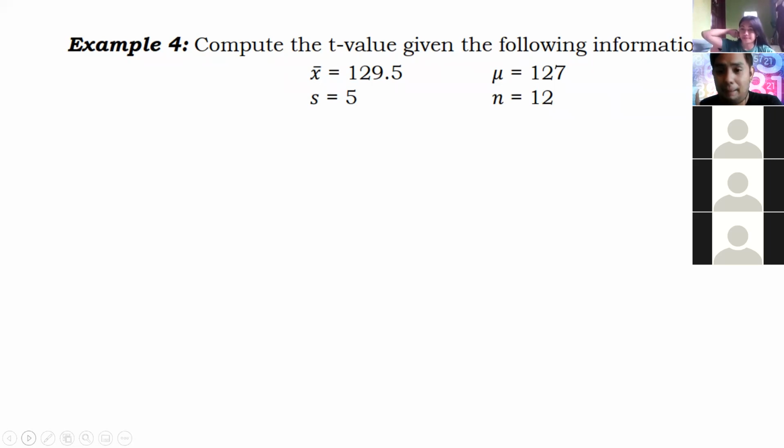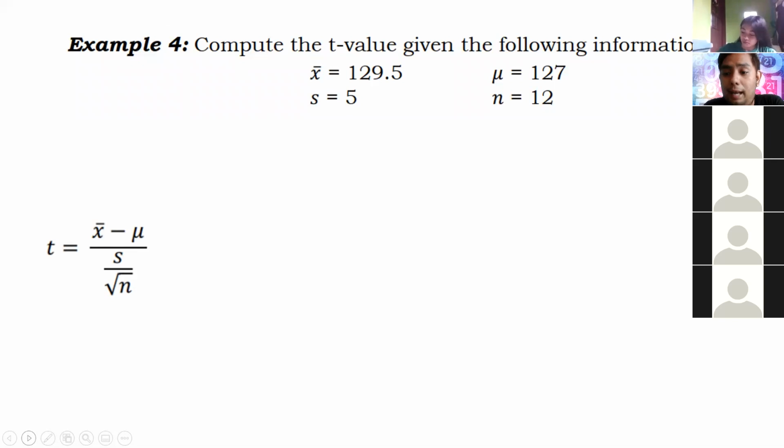Example lang ha, kung ang n natin ay 12, pero yung 5 natin dito ay population standard deviation or sigma is equals to 5, hindi t-test ang gagamitin natin, kundi z-test. Pero dahil ang given sa atin ay s, t-test talaga ang gagamitin natin. Pareho lang naman ang formula.